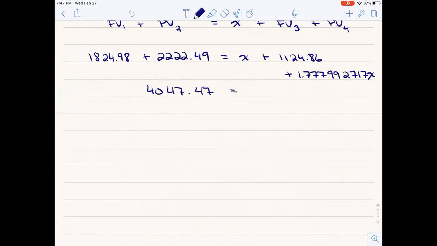So I can combine like terms, and I can rewrite this as 1124.86 plus x plus 1.7x is 1x plus 1.7x, so that's 2.77 whatever x. So we get 2.777992717x.